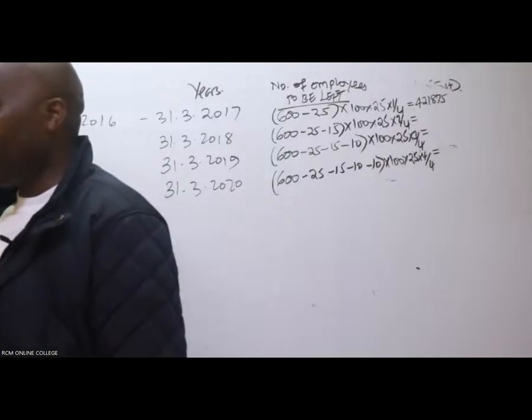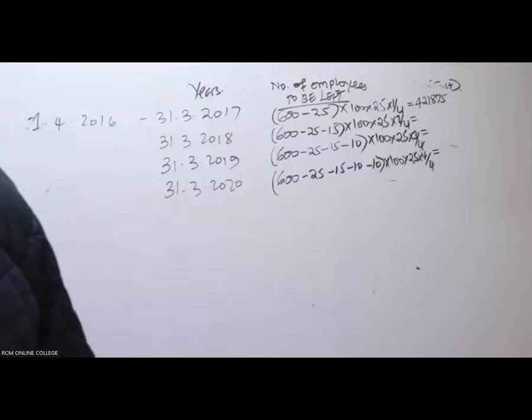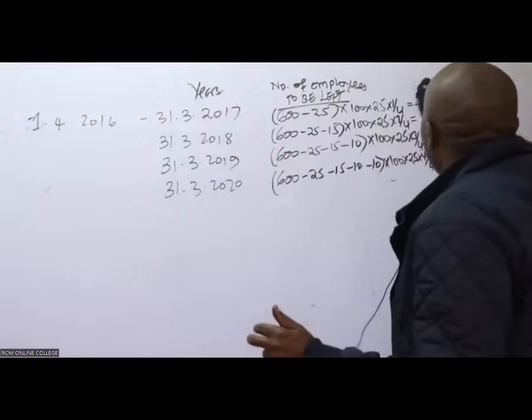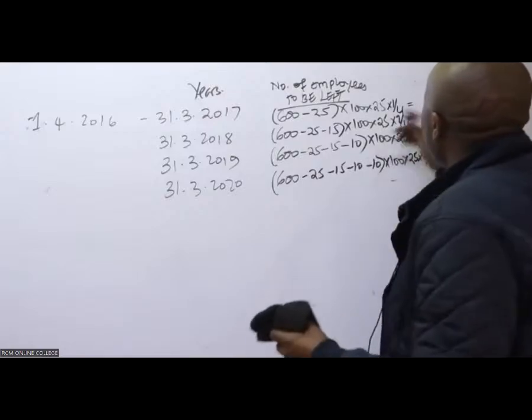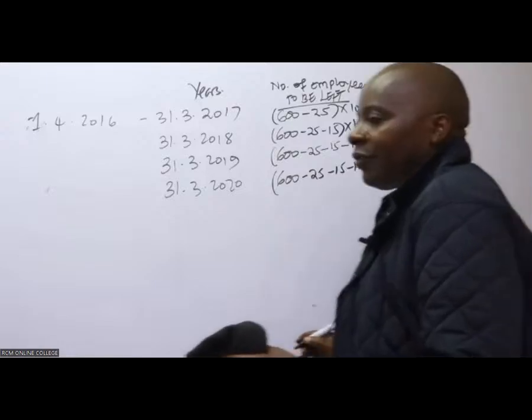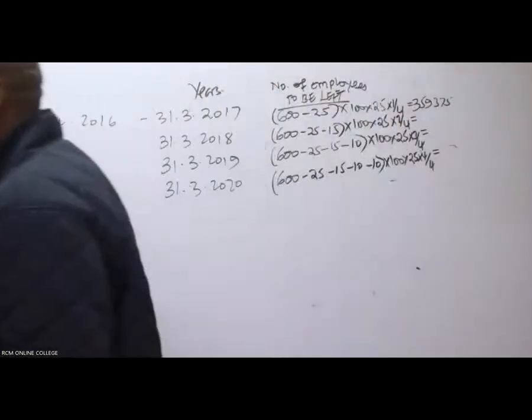Oh, Abraham has given me a different figure. 359,375. Let's check again. 359,375. Thank you very much.